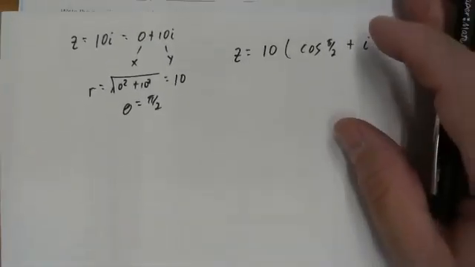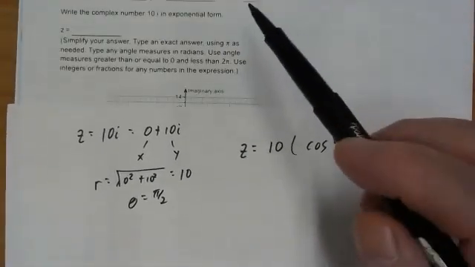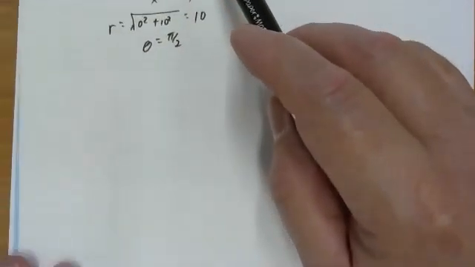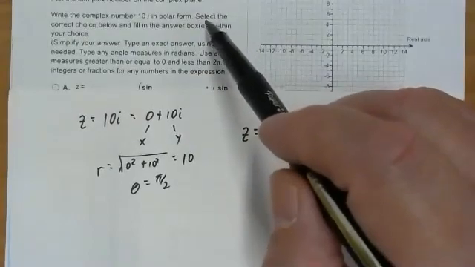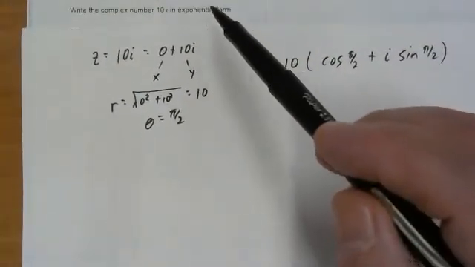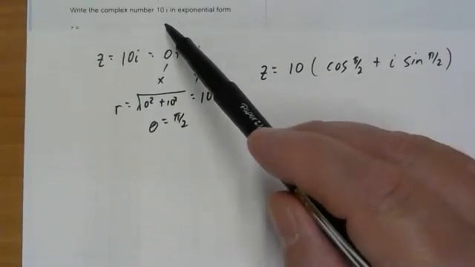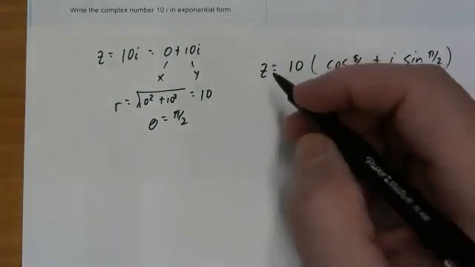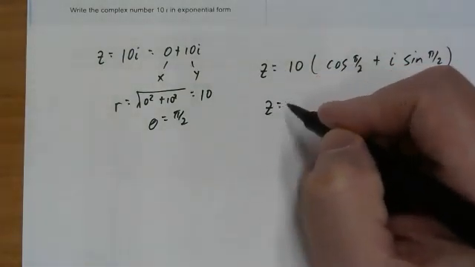So then another goofy thing at the very end, they say, write the number in polar form, and so on. At the very end, write the complex number in exponential form. So this is something sort of new.